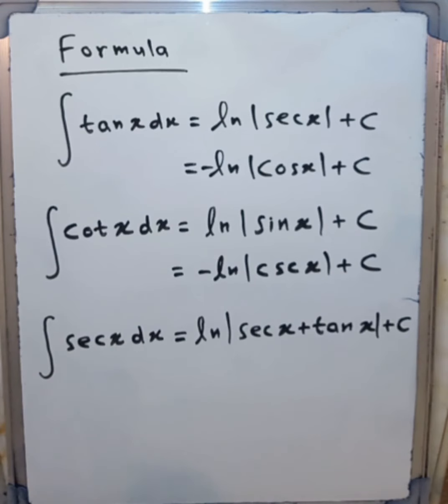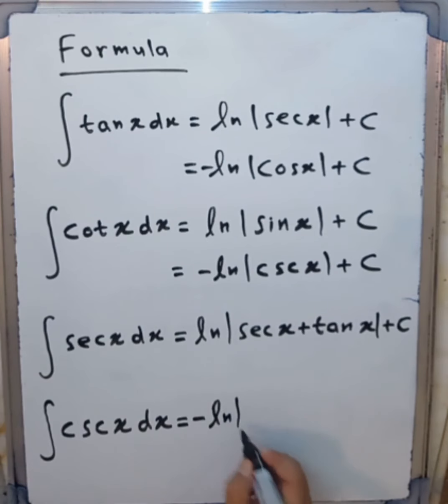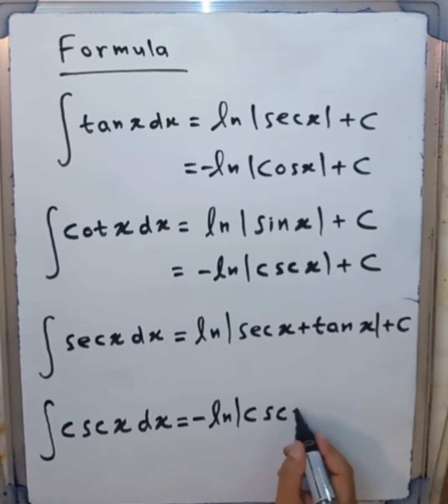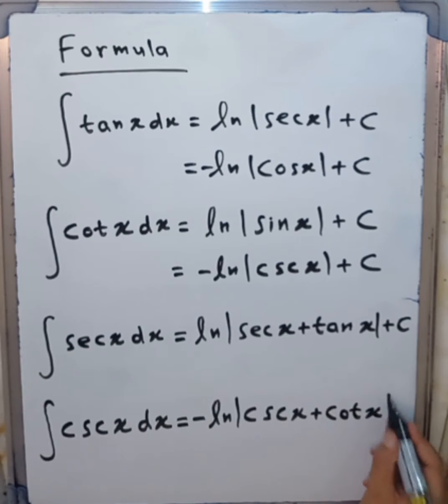And the last formula is for integration of cosecant x with respect to x. This is equal to negative ln absolute value of cosecant x plus cot x plus c.